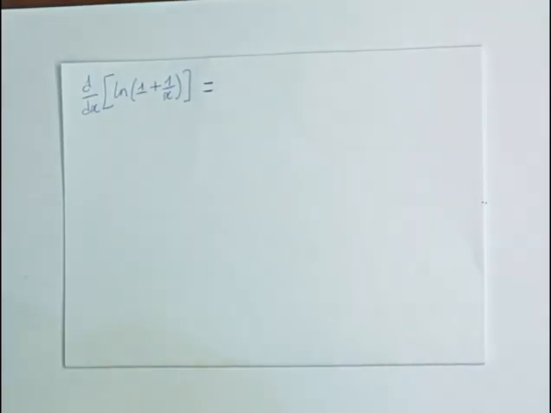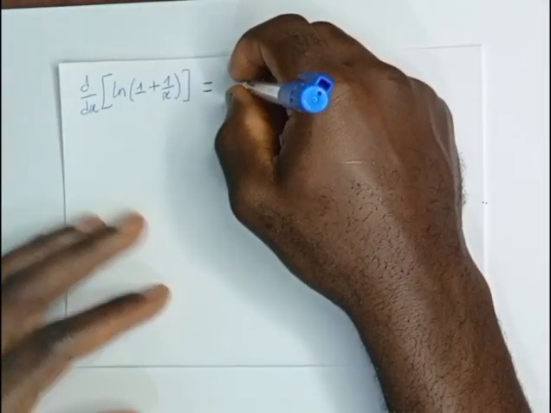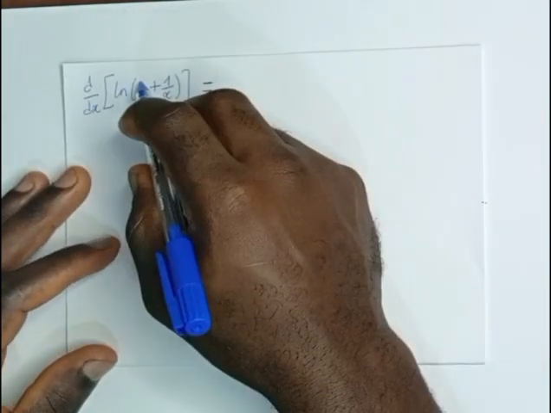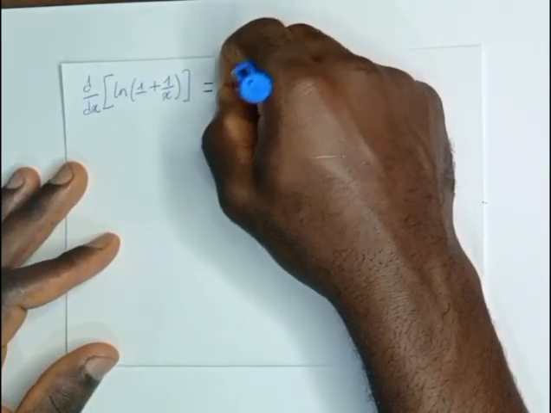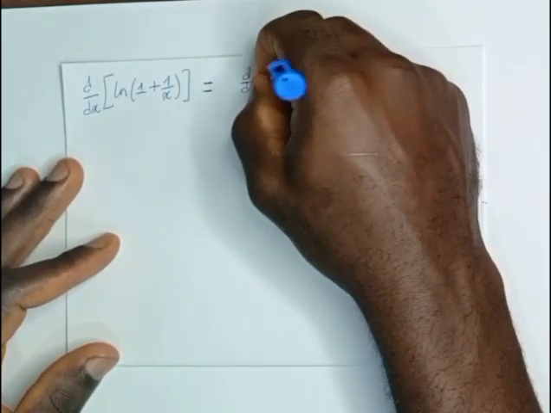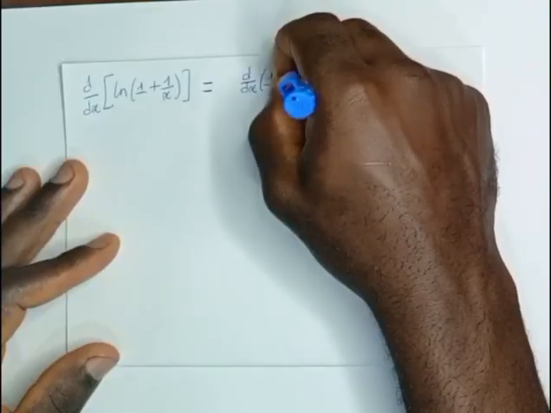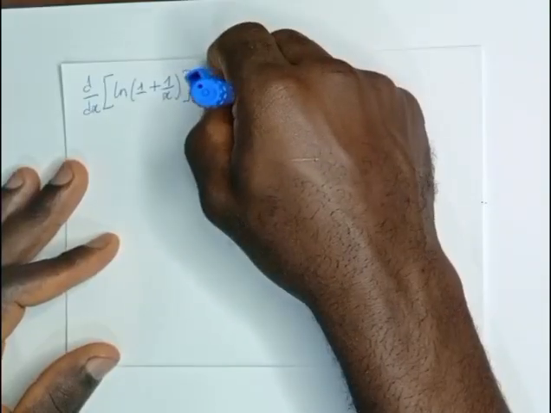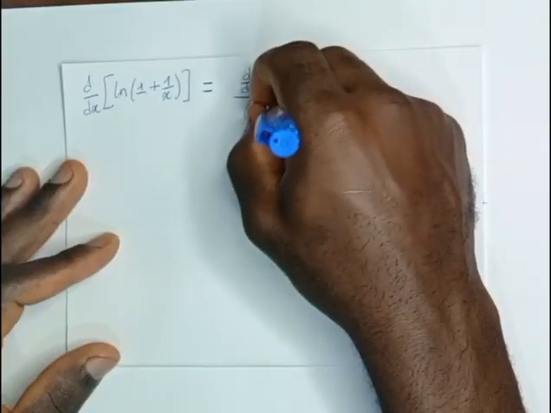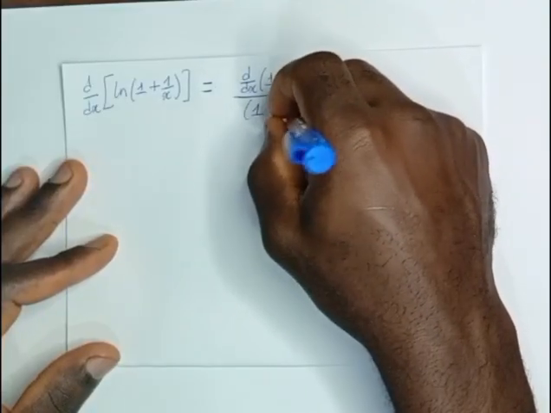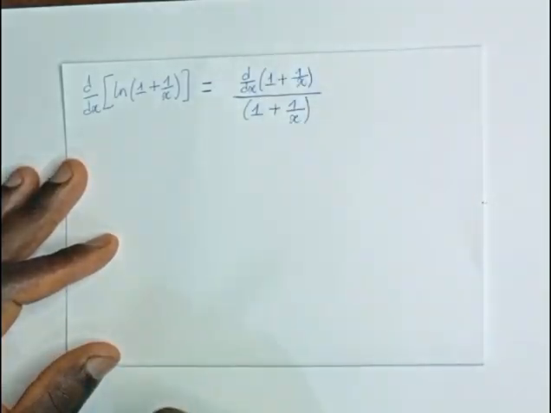You can watch our videos on how we differentiate natural logarithms. There's a video I did on this. This will simply be d/dx of (1 + 1/x), then we divide the derivative by 1 + 1/x.